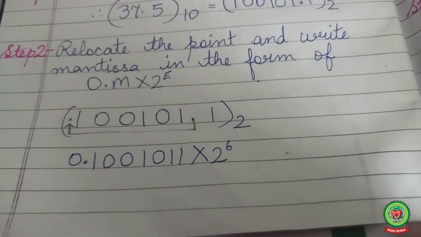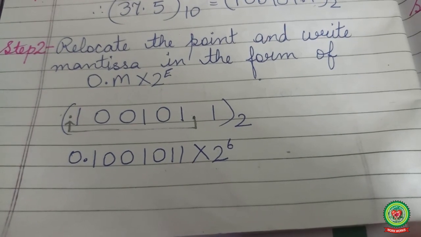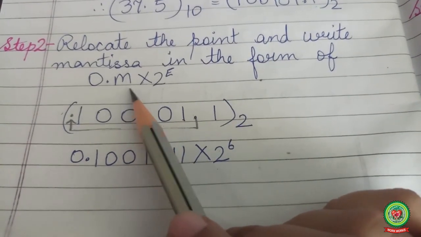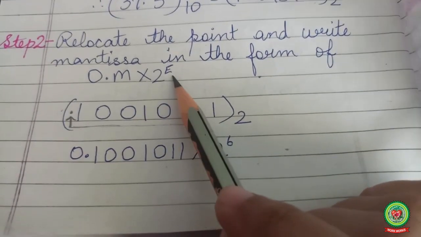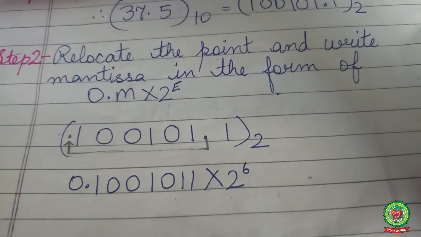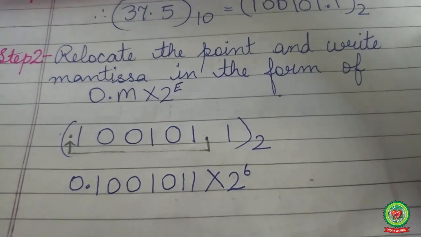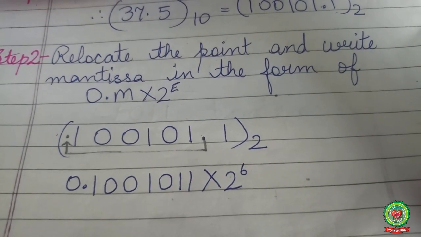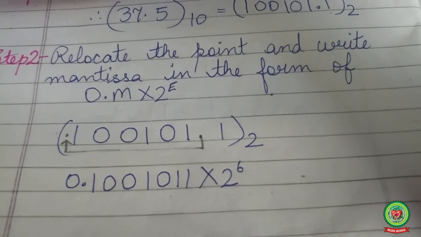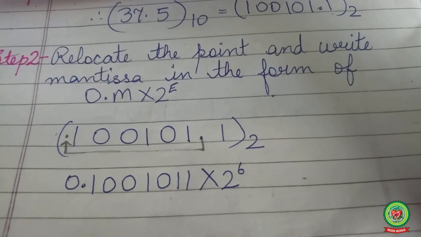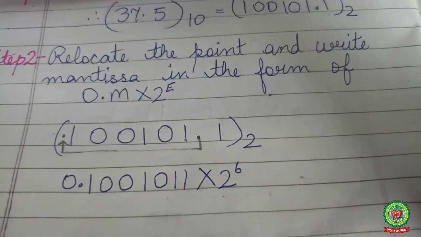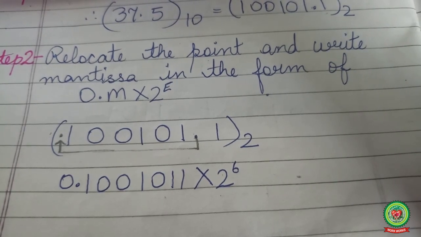Step 2. Relocate the point and write the mantissa in the form of 0.m into 2 raised to power e. We have already learned that when the decimal is shifted towards the left side, its value is positive, and when the decimal is shifted towards the right side, then the exponent value is negative.